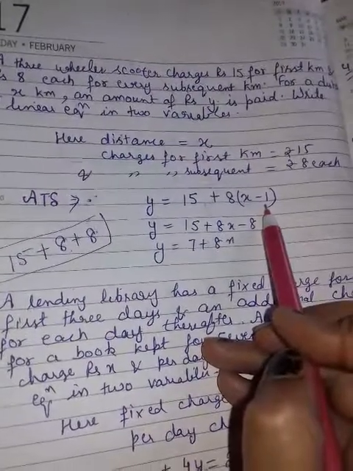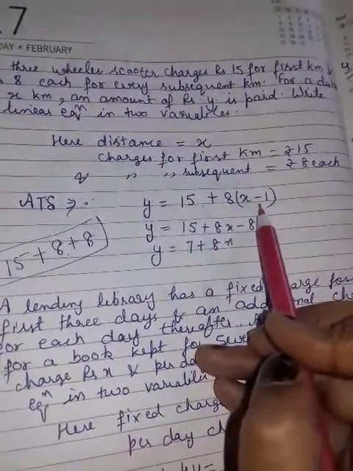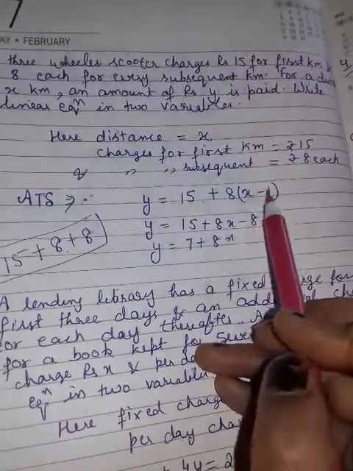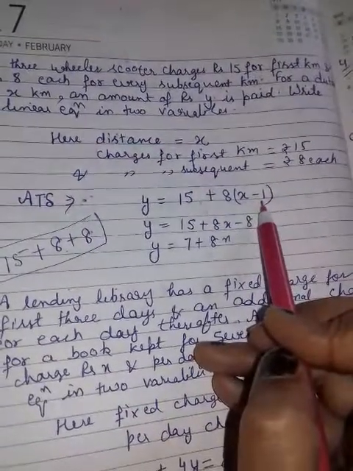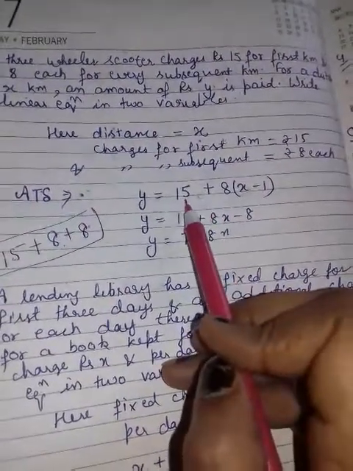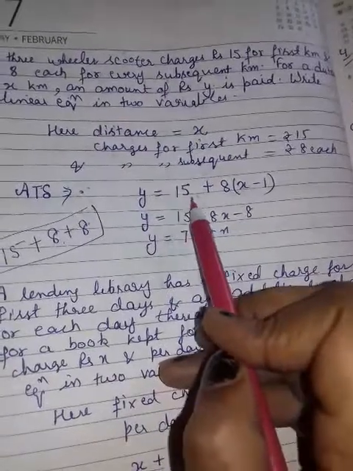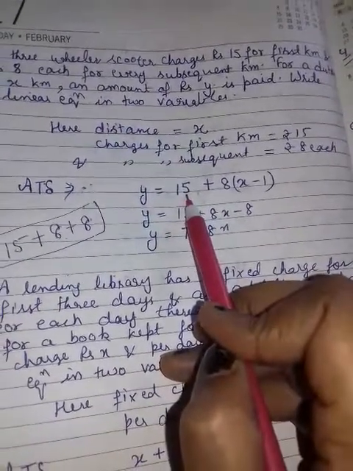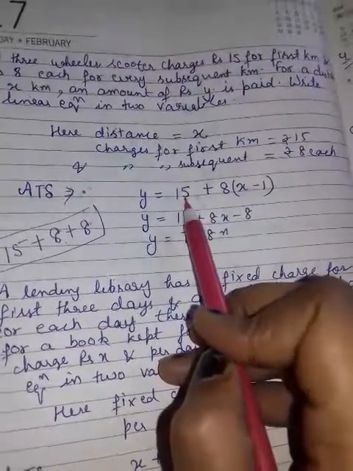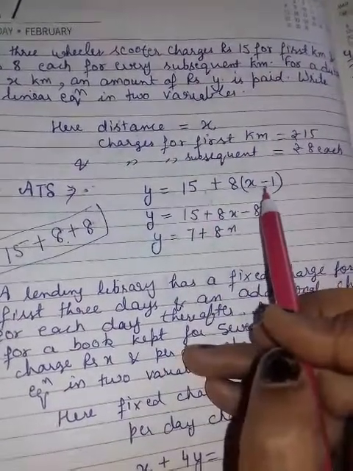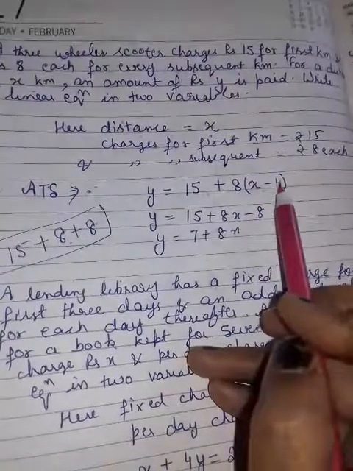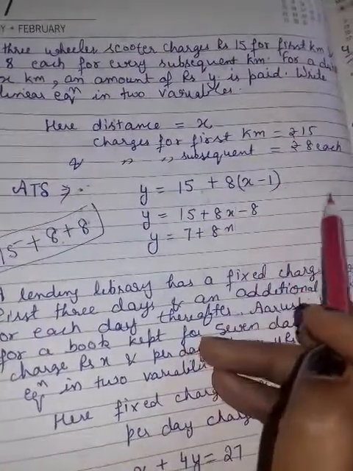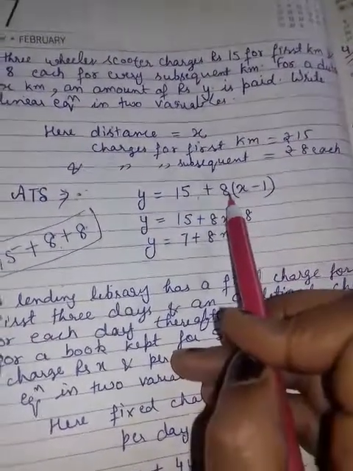Why? Some are asking, ma'am, why are we not taking x? This is not a problem. Yes, students, because for the first kilometer you already paid 15. So now your distance remaining is only x minus 1. So for the others you will pay only 8.